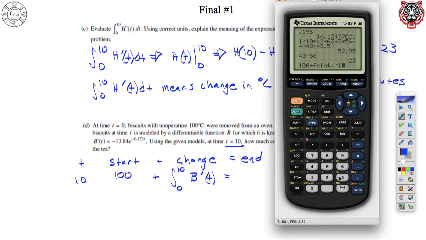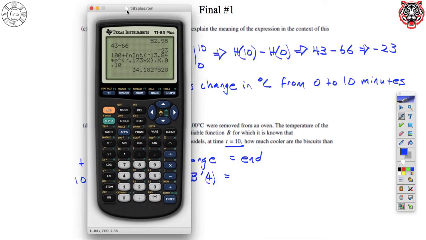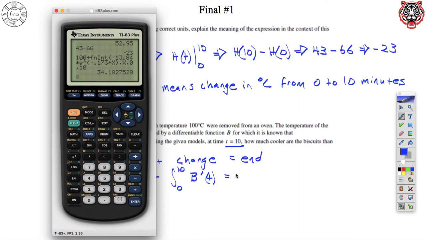Negative 13.84 times e to the power of negative 0.173 times x, or t in this case. Okay, perfect. That is our function. Great. Let's evaluate it with respect to x from 0 to 10. I already included the 100. I am ready to get my final answer of 34.183.